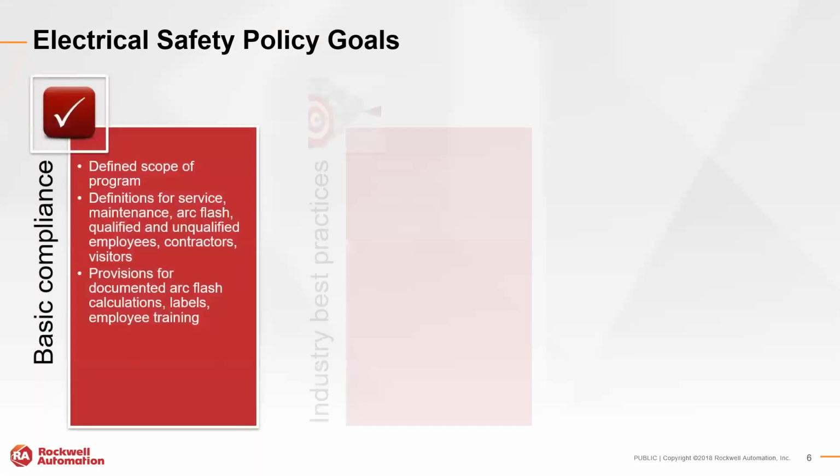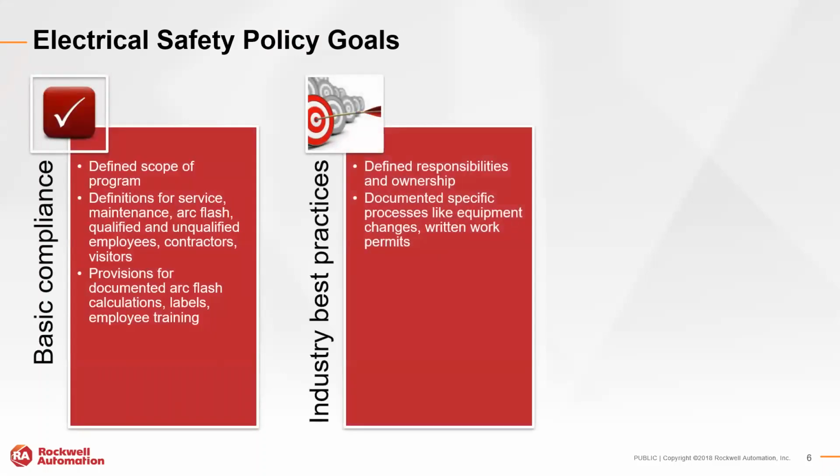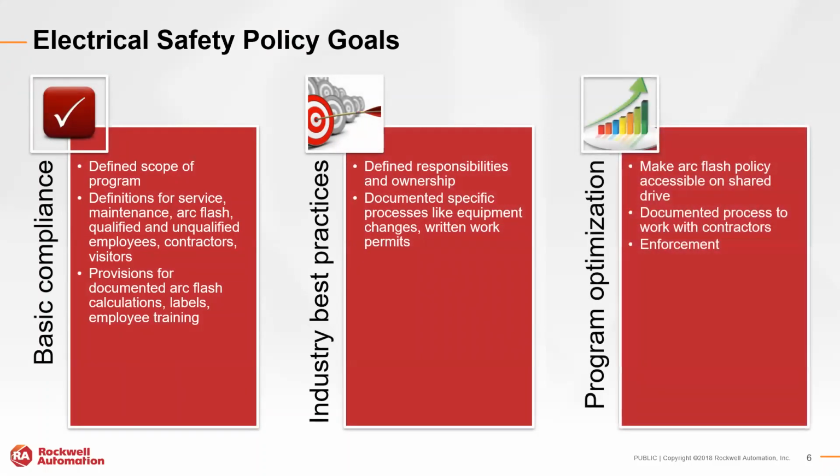So, to hit on basic compliance and industry best practice and program optimization from the policy perspective: if you're looking for basic compliance, you need to have a program documented per NFPA 70E. It should define the purpose and scope of what the program is for basic compliance. It should give some definitions and context so that employees understand how to execute electrical work in a proper fashion.